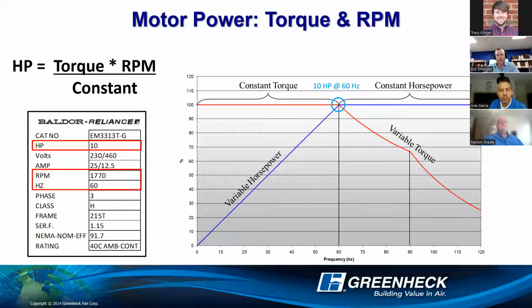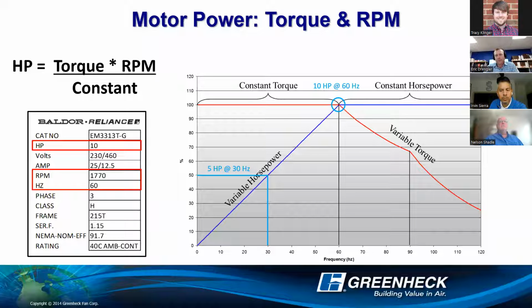Horsepower is just a function of torque and RPM. So if I'm at a given speed and I slow it down and the torque is constant, the horsepower is going to fall with the speed. So a 10 horsepower motor at 60 hertz, if I slow that down to half speed, or 30 hertz, I'm only going to get 5 horsepower out of it, because my torque is constant and my speed is falling.